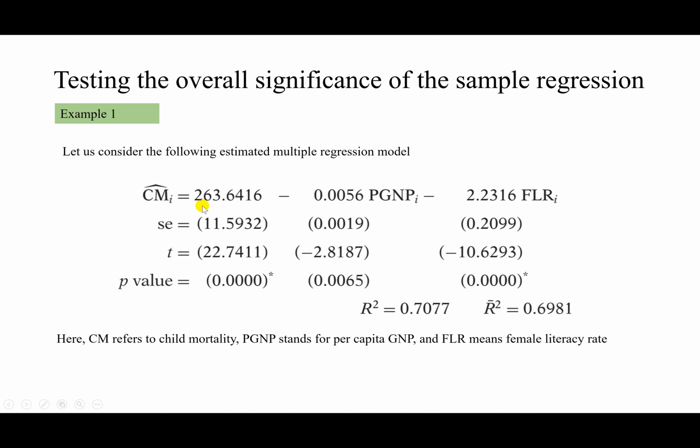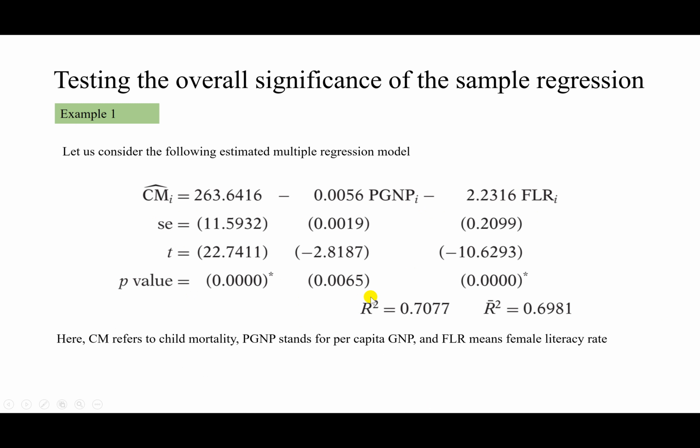In this regression result, 263.6416 represents the constant term and minus 0.0056 represents the coefficient of per capita GNP, minus 2.2316 represents the slope coefficient of female literacy rate. SE represents standard error, t represents t ratio, and this represents p-value.